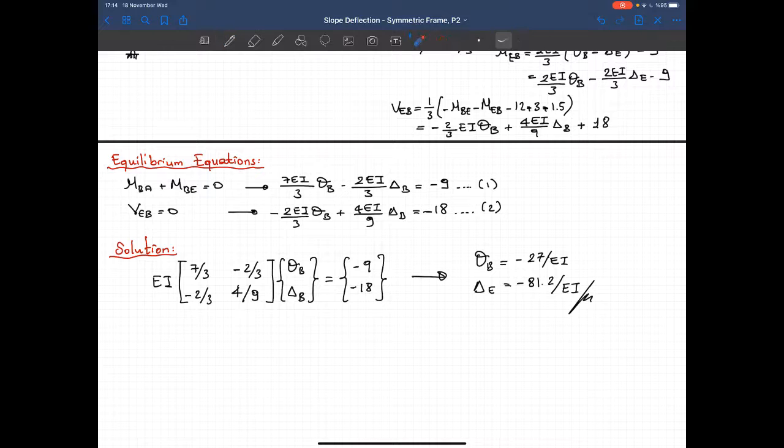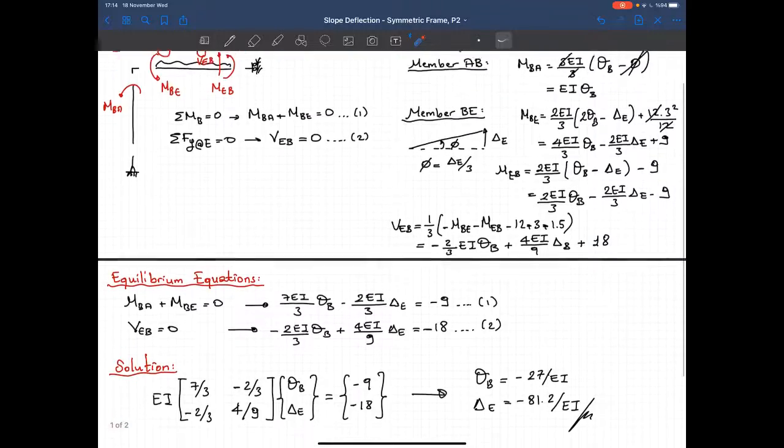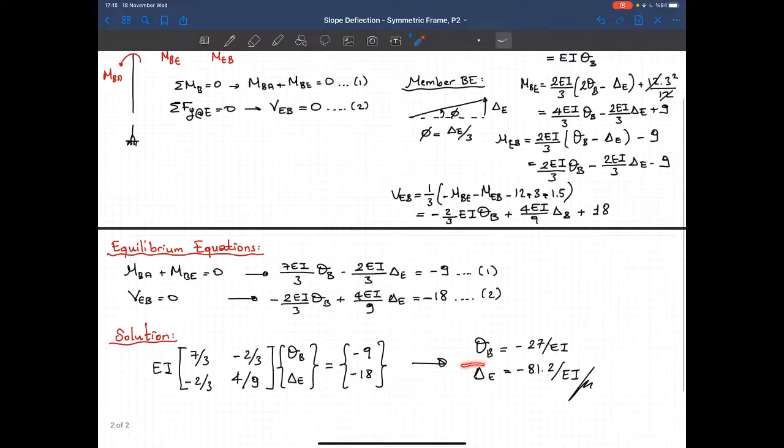Let me correct these: these are all delta E's. As you see, if you compare your result with our previous solution, we get exactly the same rotation value at B. Of course, you can argue that it's a longer solution.